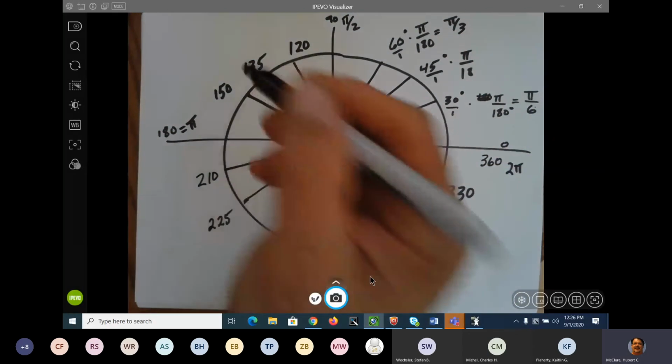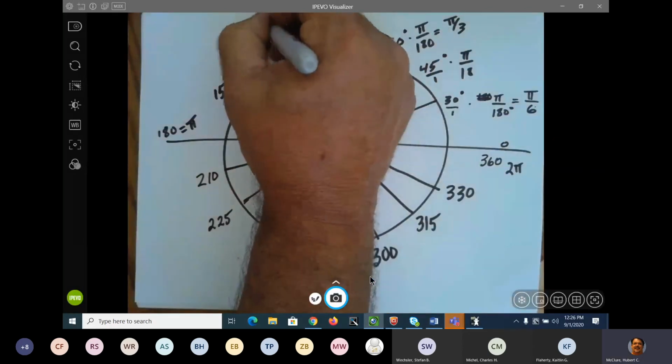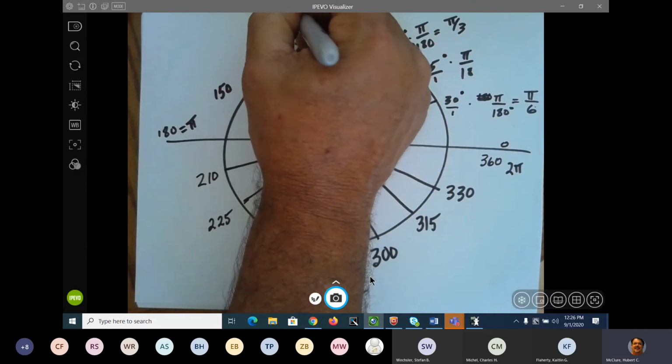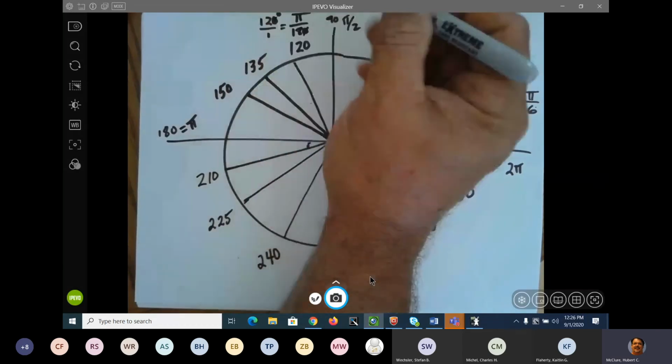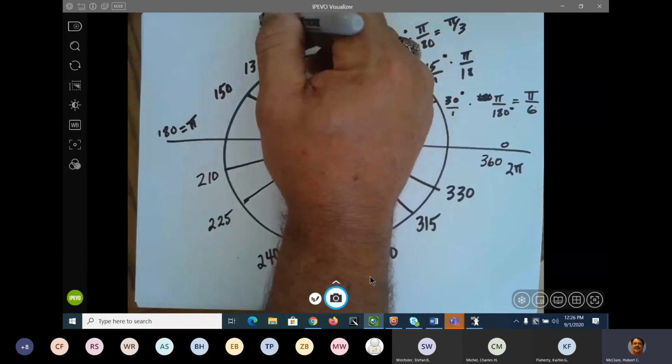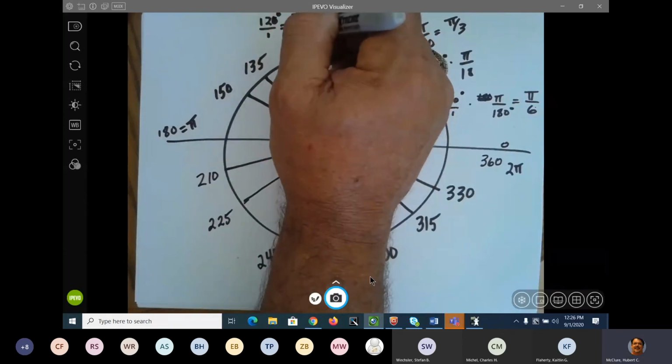Let's do 120. 120 over 1 times pi over 180. Well, that will cancel. 6 will go in there 2, and that's 3, so 2 pi over 3.